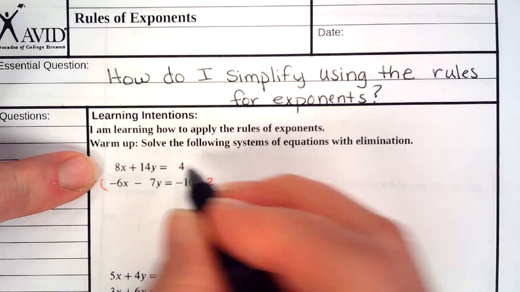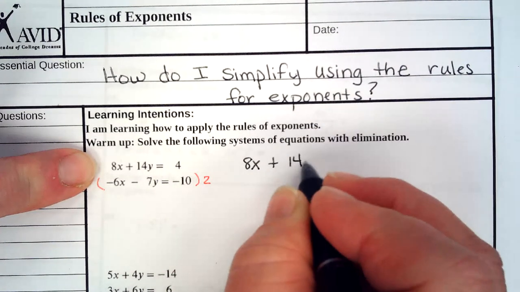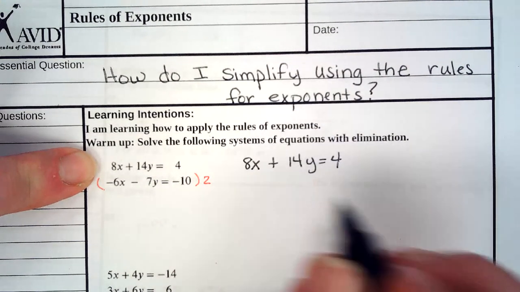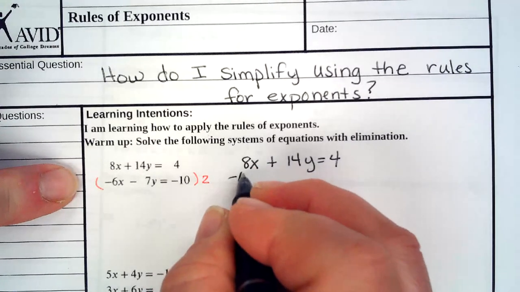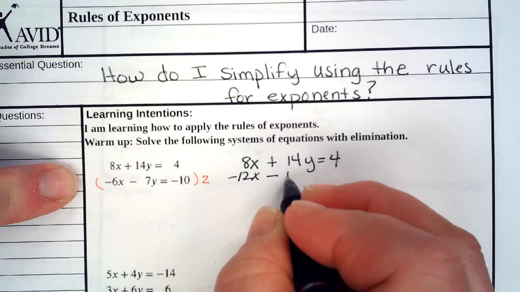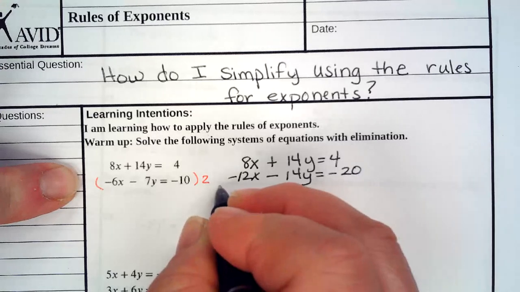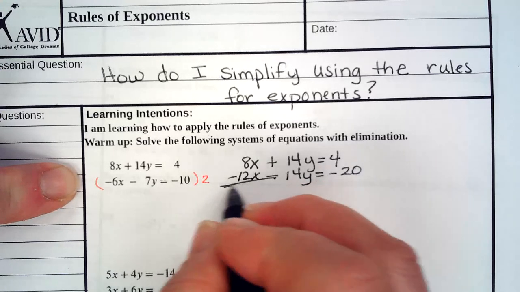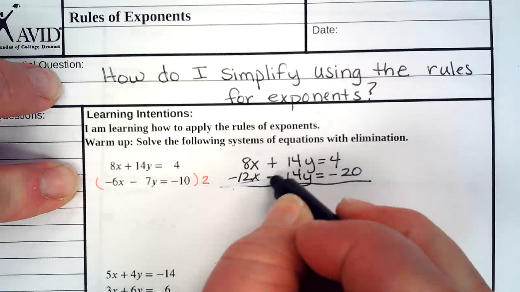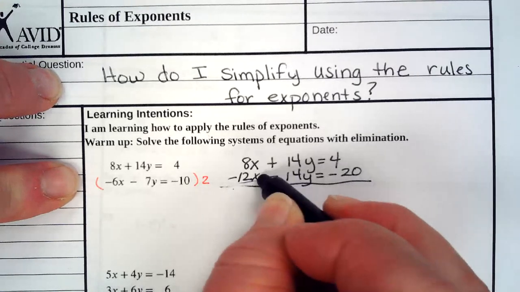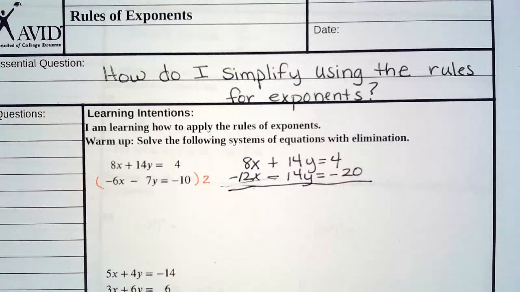So the first equation doesn't change: 8x plus 14y equals 4. The second one, 2 times negative 6x is negative 12x minus 14y is equal to negative 20. Okay, so as I'm looking at this, my y values are gone.